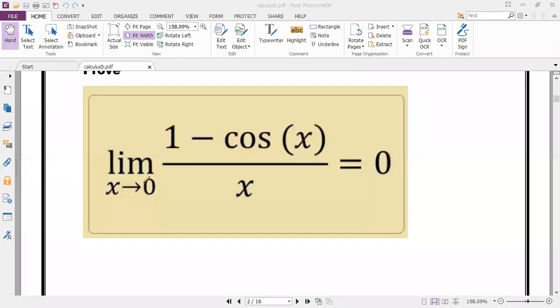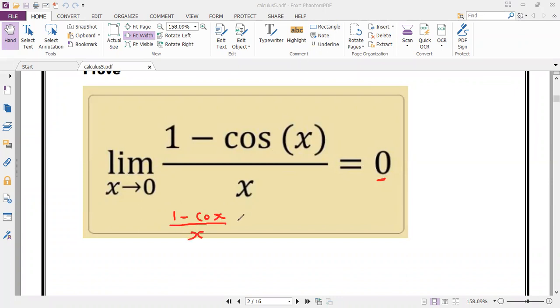What about the limit of 1 minus cosine x over x when x tends to 0? It's 0. And I want to prove it. So we can write 1 minus cosine x over x, then multiply it by the conjugate.